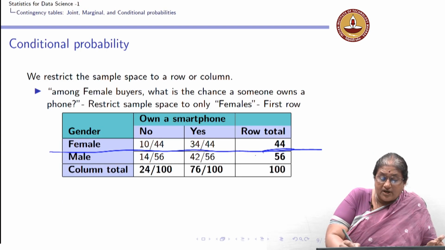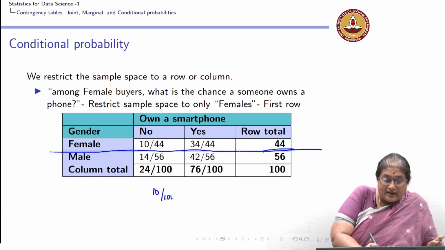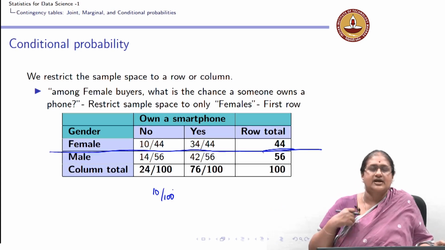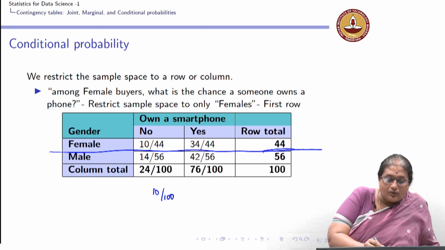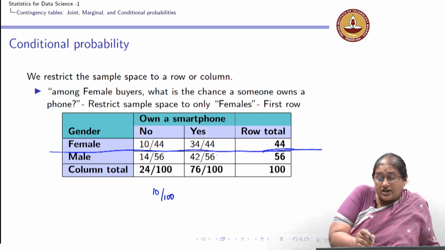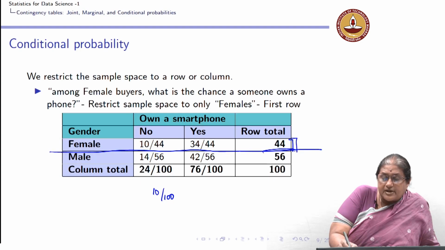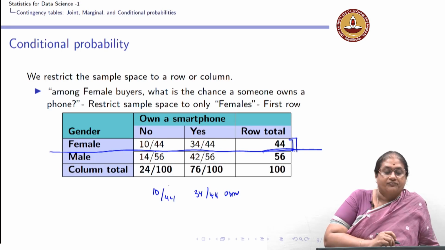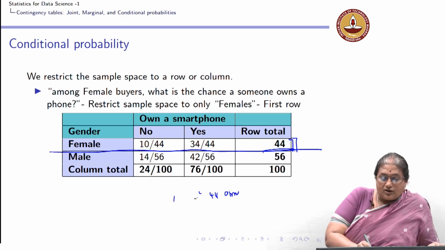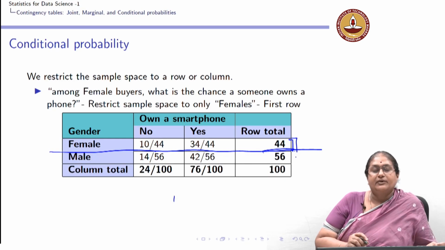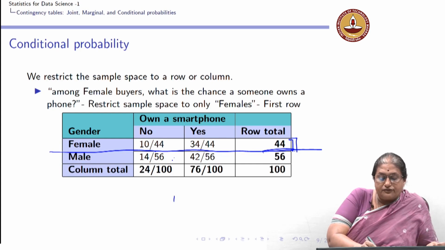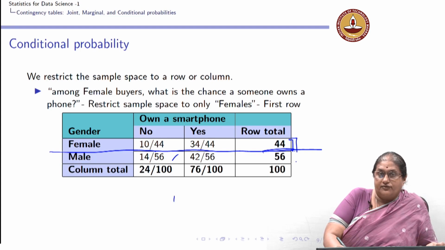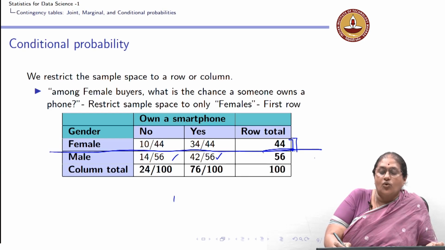Among these females, earlier I computed 10 by 100 because I had the expanded sample space. Now I am finding the relative frequency, relative to the person being a female. I know 10 out of 44 do not own and 34 out of 44 own a smartphone. Similarly, 14 out of 56 males, where 56 is the number of males, do not own a phone and 42 out of 56 own a phone.